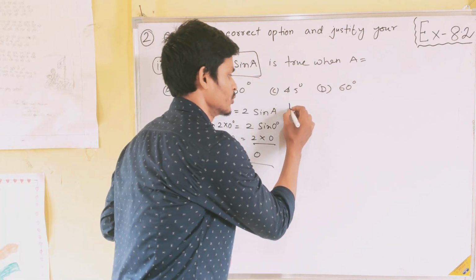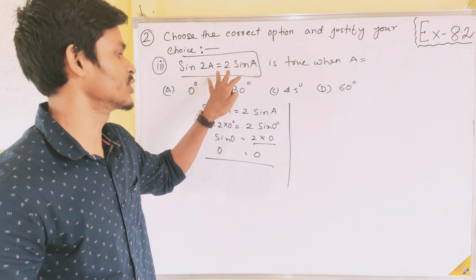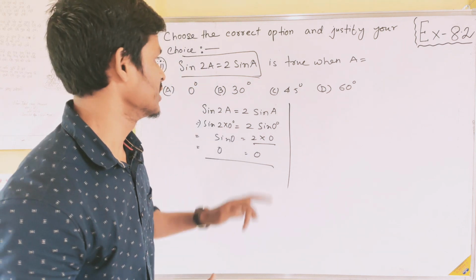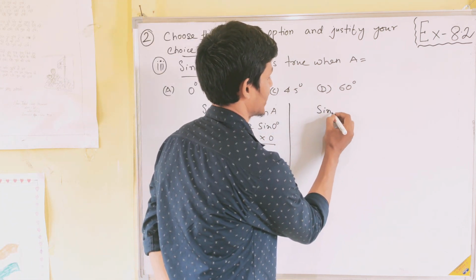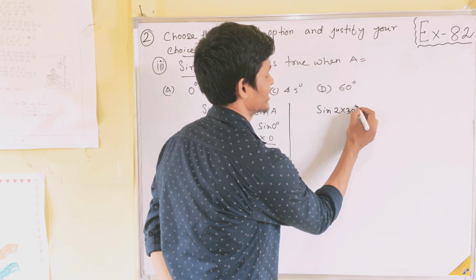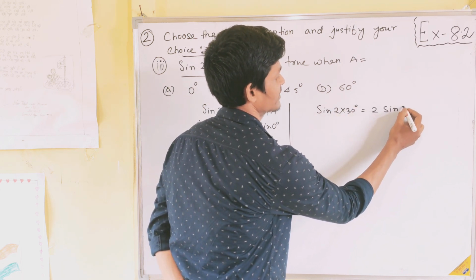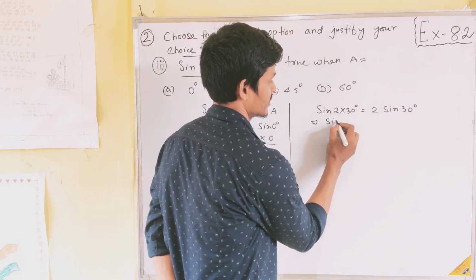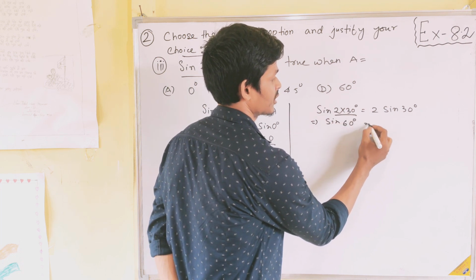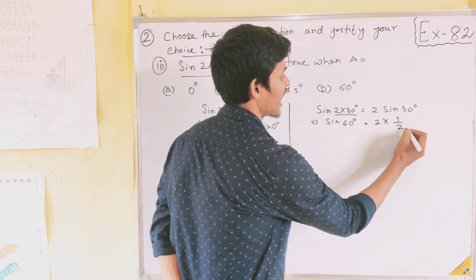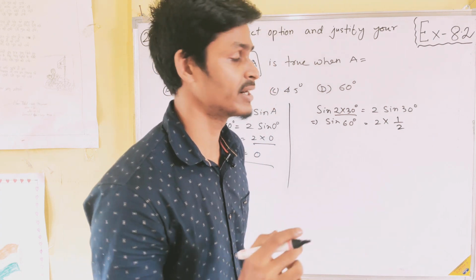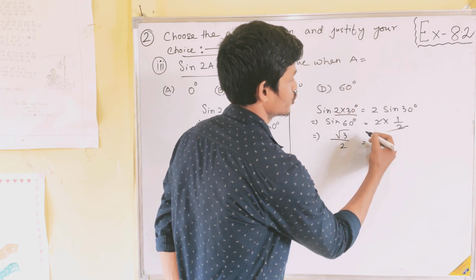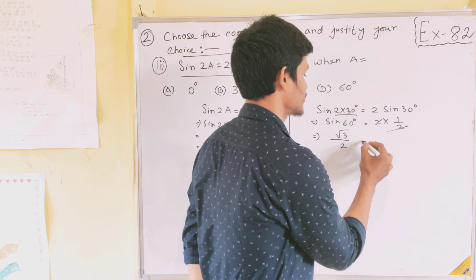Now if you put 30 degree in this condition, you will see that the left hand side and right hand side are not equal. Sin 2A is sin of 2 into 30 degree, that is sin 60 degree, which is root 3 by 2, and 2 sin 30 degree, where sin 30 is half, so 2 times half is 1.